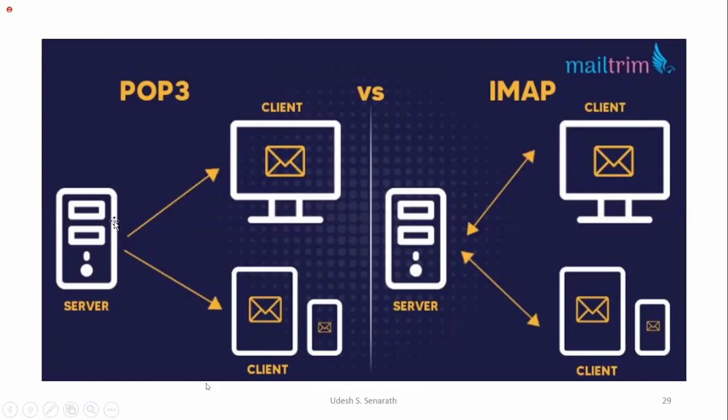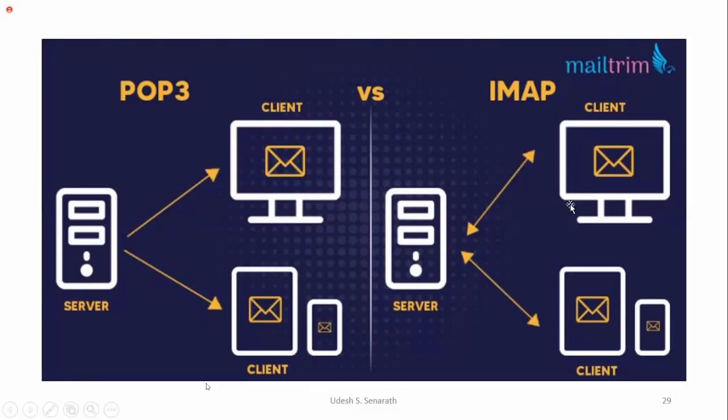So once you access your email in POP3, it is downloaded to your computer, automatically saved to your computer, and no longer there. So it is one way. You click it, you download it, and it is not available in the server. So you cannot access the server again and again to download the same email twice.